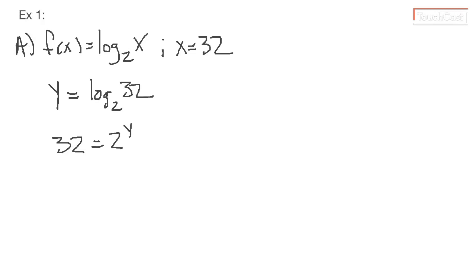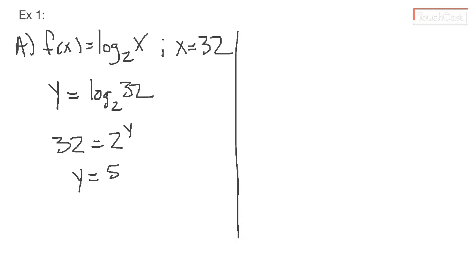Well, what power do we have to raise 2 to get 32? The answer is 5. If we multiply 2 by itself 5 times, we're going to get 32. All I did is I kept multiplying 2 by itself until I got to 32.